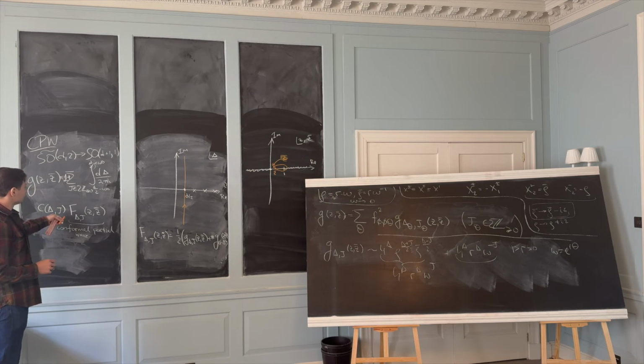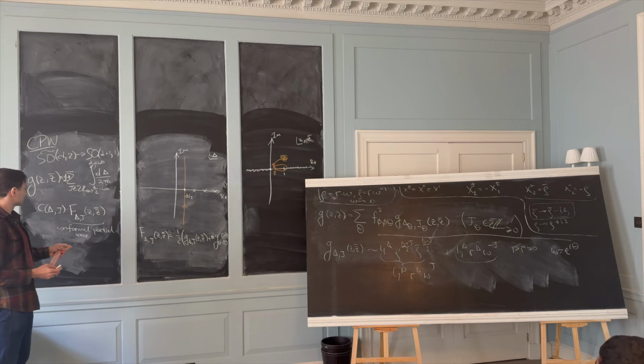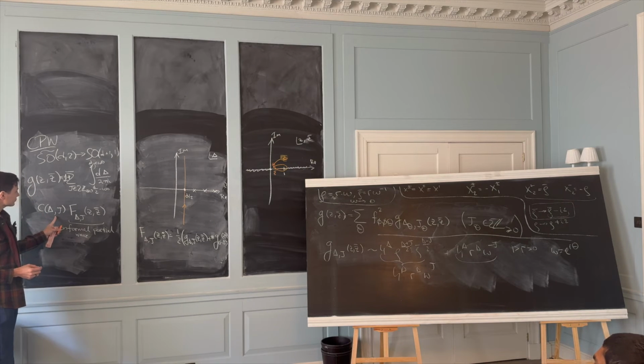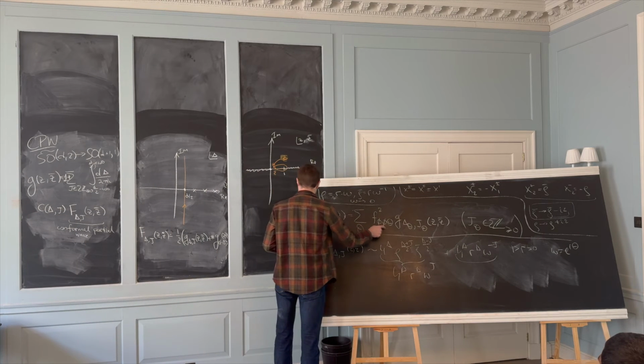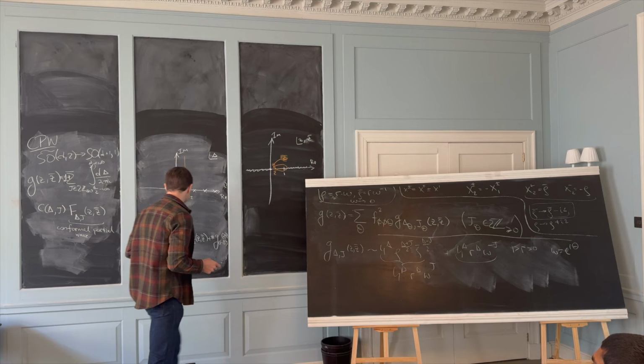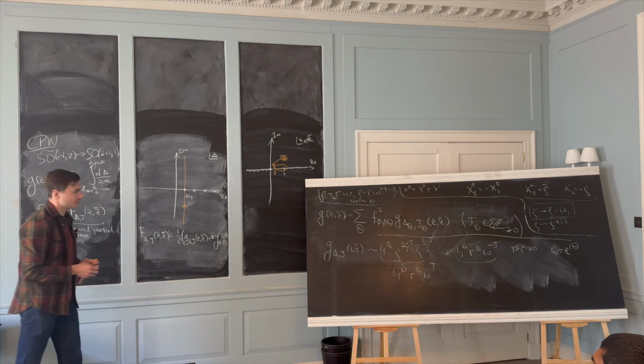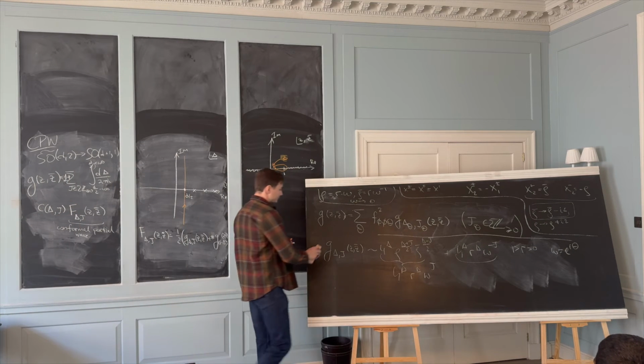So what's the relation between this formula and that formula? The claim is that this function C delta J replaces these coefficients.